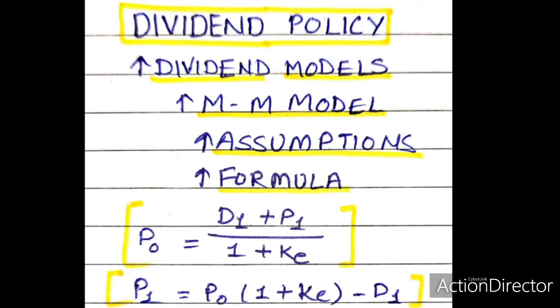Again, the future of the firm may be uncertain. The funds may be invested in unprofitable projects, resulting in loss. Thus, the MM approach does not offer a valid explanation of the above proposition. So this was it with the dividend models.